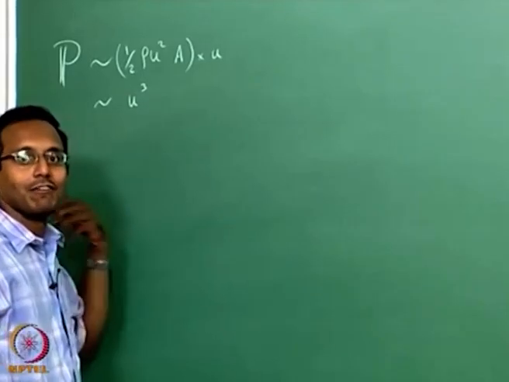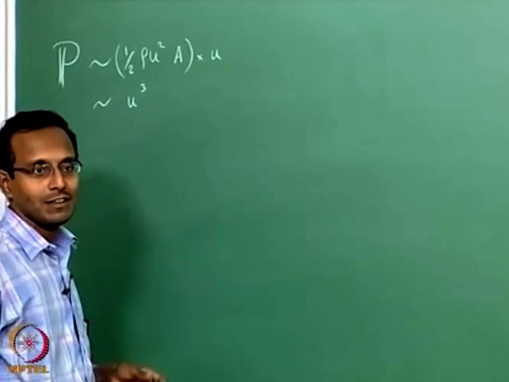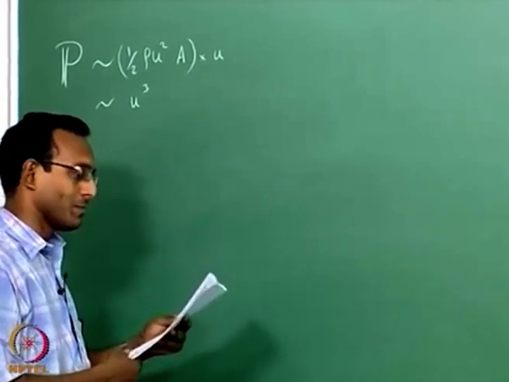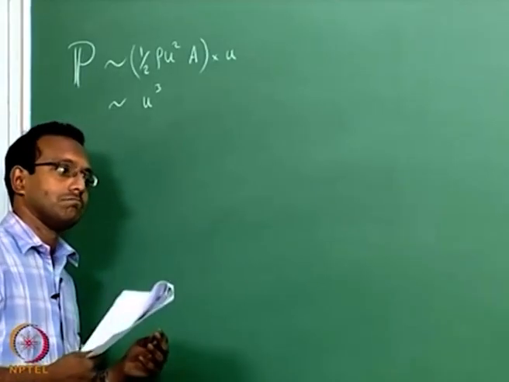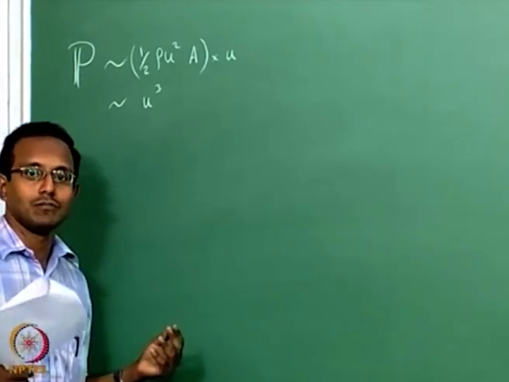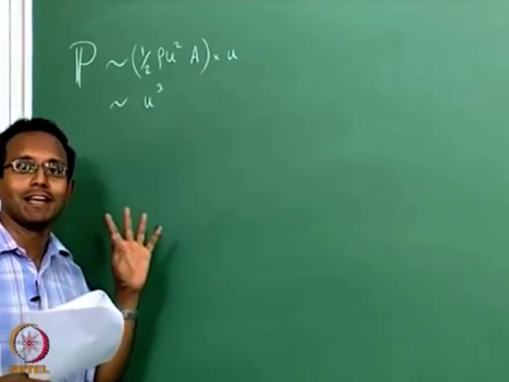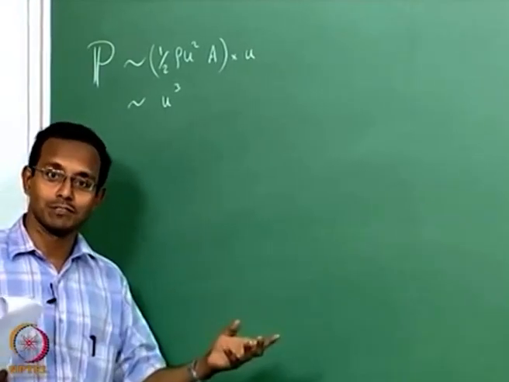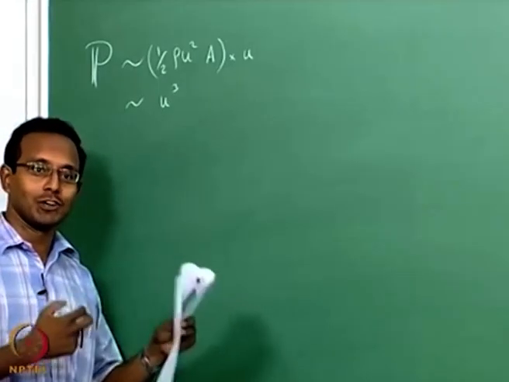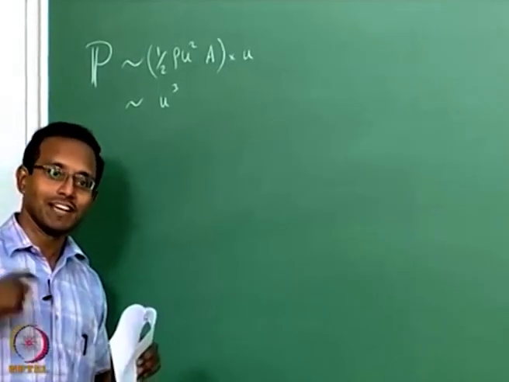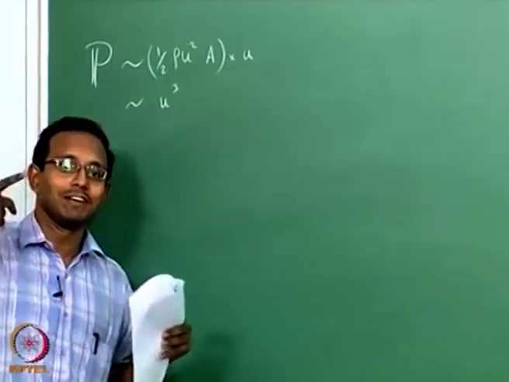When I go for very high velocities, the power keeps on increasing, and that is the main reason power requirements for these wind tunnels become so high that most of the labs cannot supply that high level of power for long times. So what we do is we store the power and then we deliver it in one shot till the power is lasting. After that we again start accumulating power and then deliver it again.